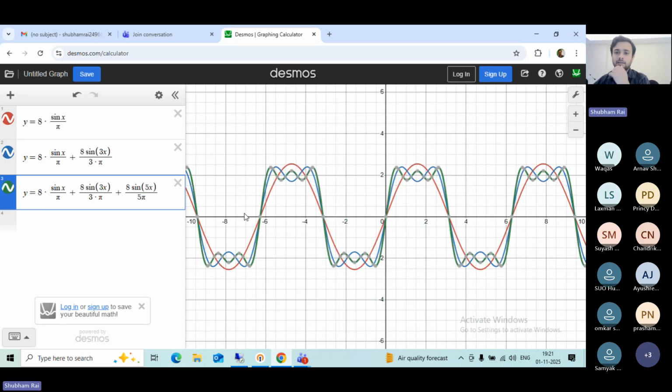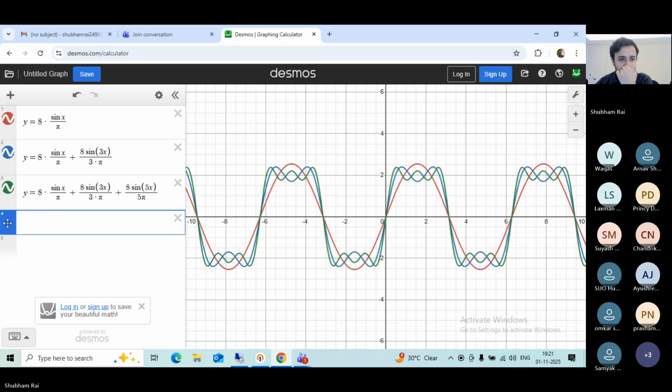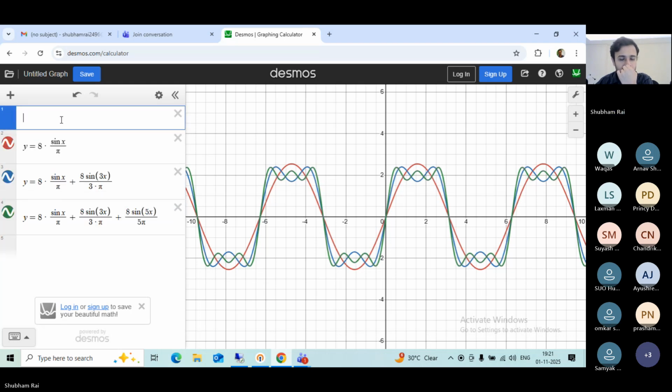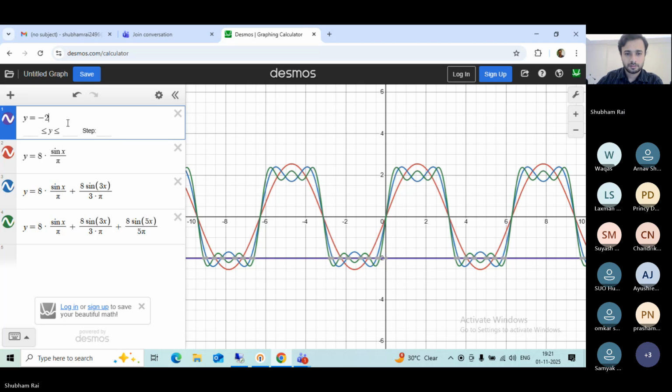Now, what was our original function? It was minus k to k, right? Let me see if I am able to plot that. My function was y is equal to minus 2... I think we cannot put this.